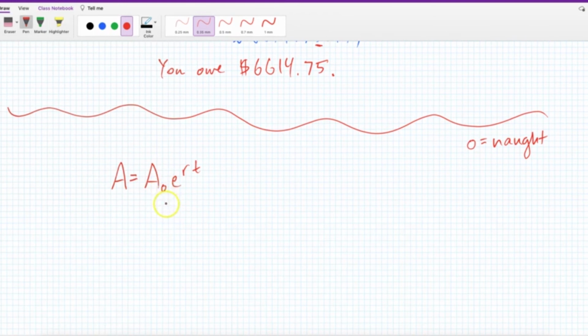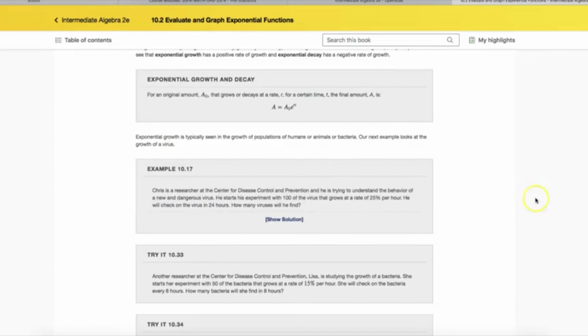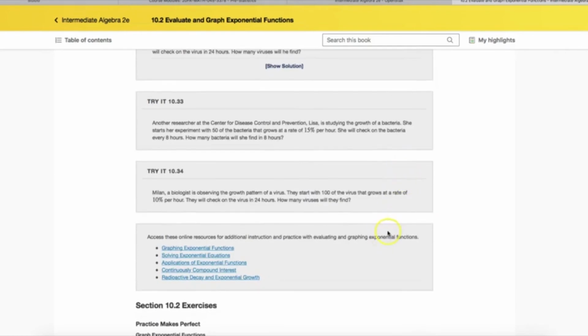If this is talking about the amount of a radioactive element, then this will be the amount you start with before you start watching it decay. The R is the growth or decay rate. So it's essentially like an interest rate. It's just more general. Interest is specifically for money, but you can have all sorts of growth rates and decay rates. And T is still going to be time.